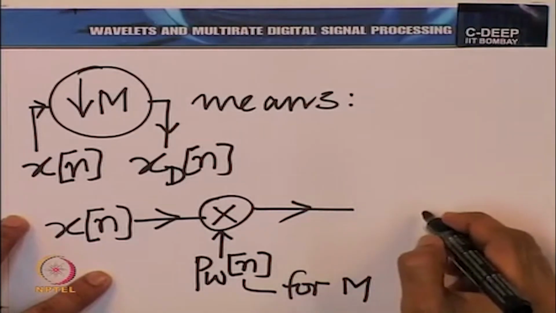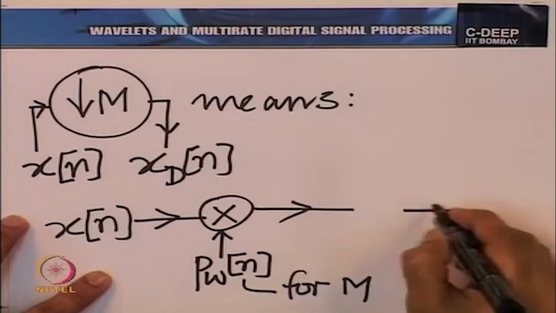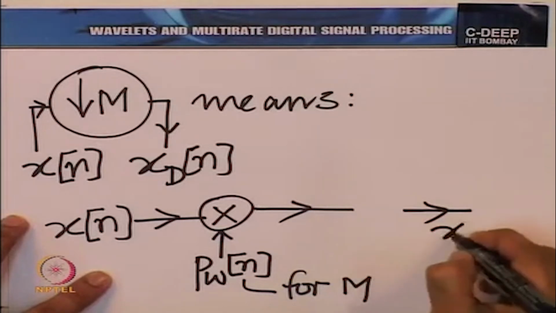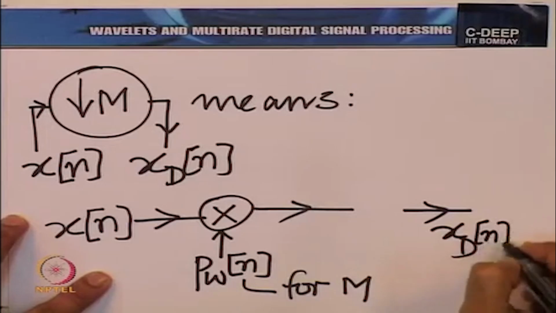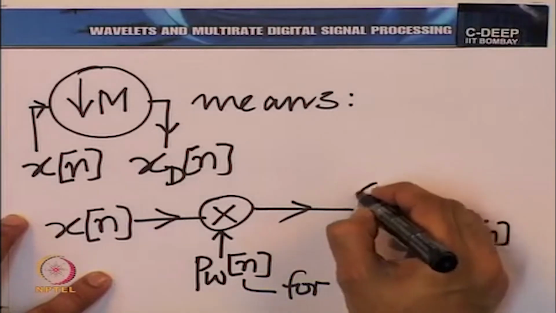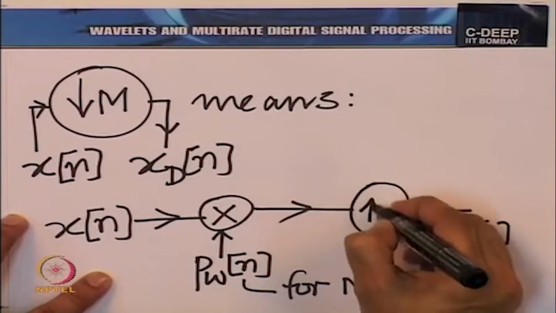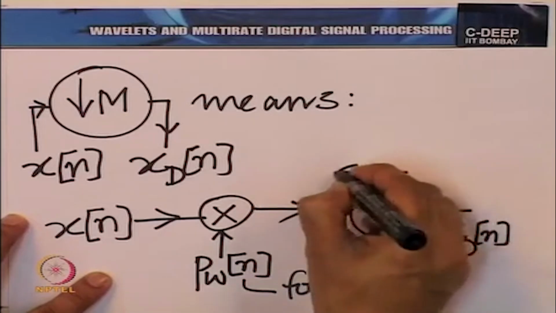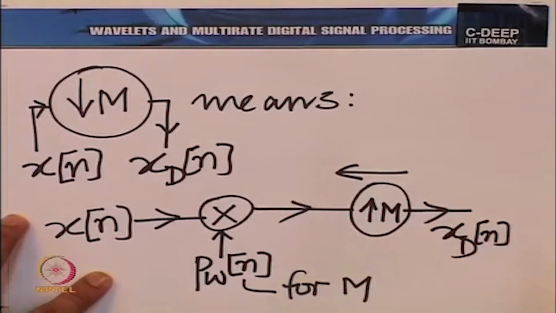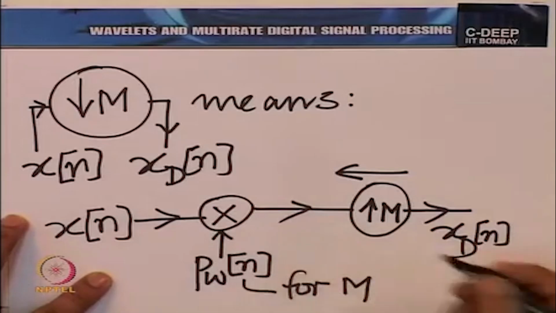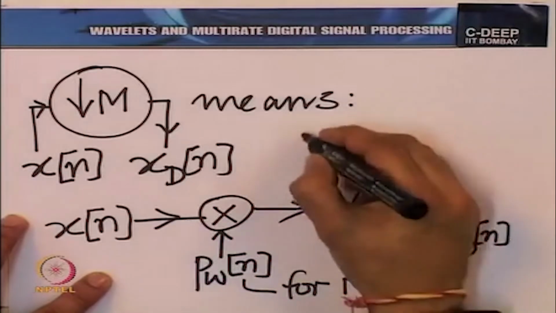What we are saying is x_d[n] is here, and I am saying upsample by M, but this way. That means it is a reverse or an inverse upsampling operation.